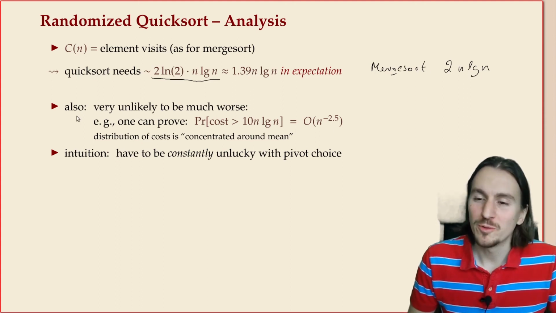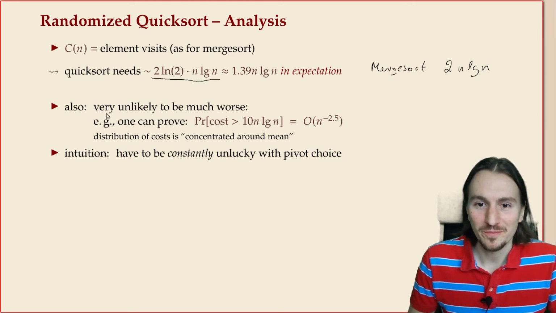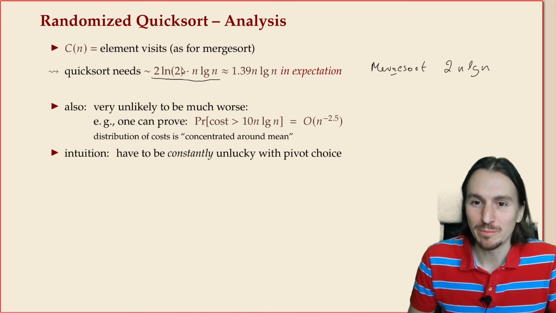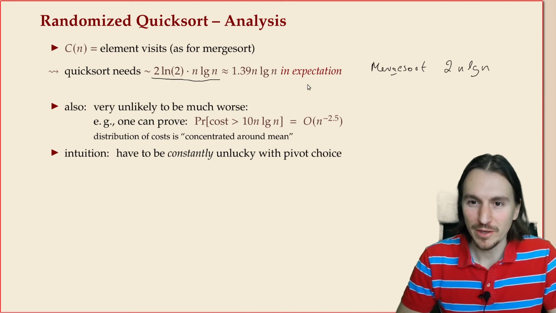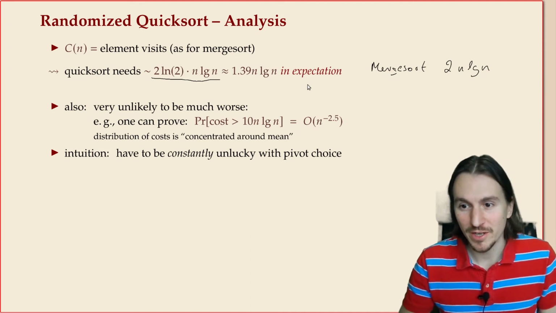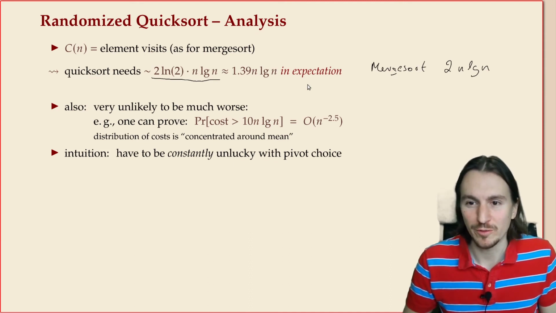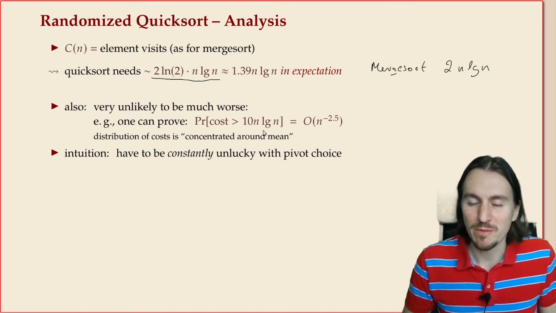You can do much more mathematical analysis on Quicksort. For example, you can prove that it's very unlikely to be much worse than this expected case. So this is the typical performance, but if you randomize, you sometimes get worse performance. But you can prove some things like this.